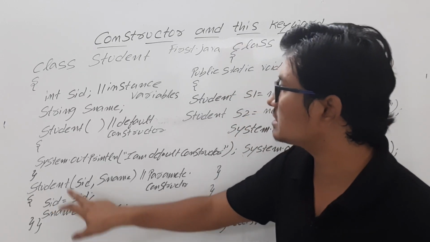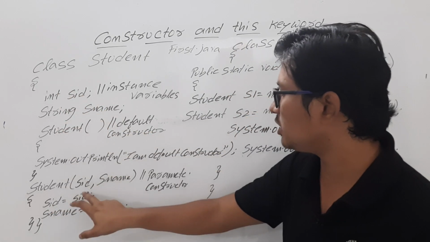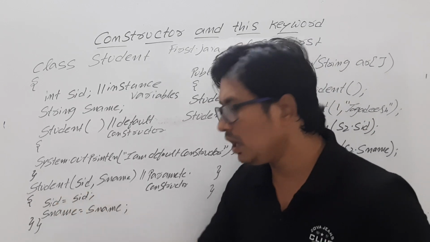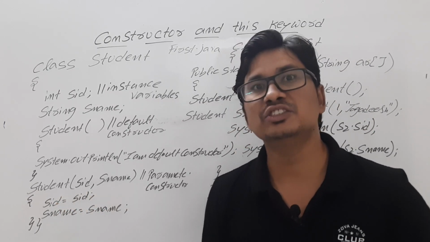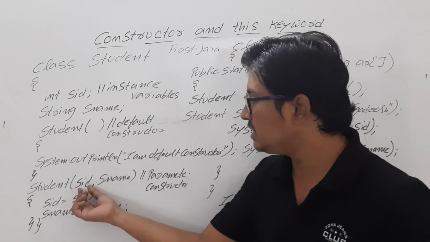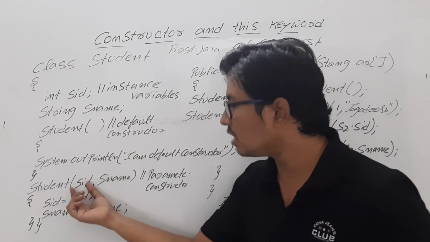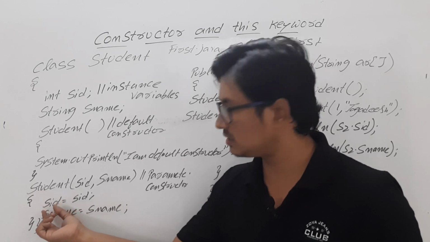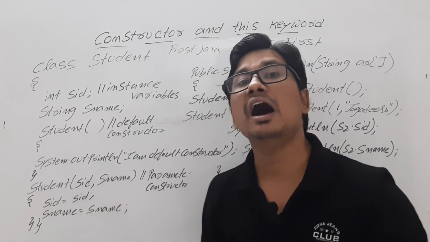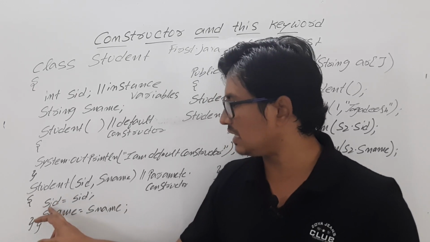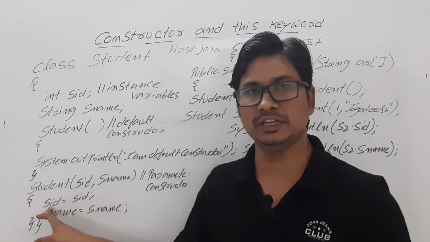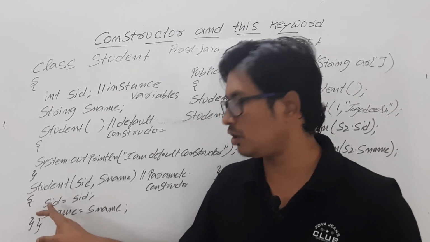So sid and sid, is it an instance variable or a local variable? As it is confused, which is nearer, the instance variable or the local variable? The local variable. So it will consider this sid and this sid as local variables. Instead of considering this as an instance variable, it is considering this sid as a local variable.